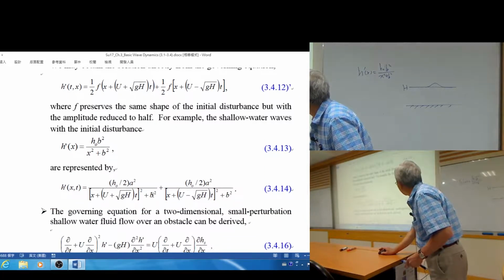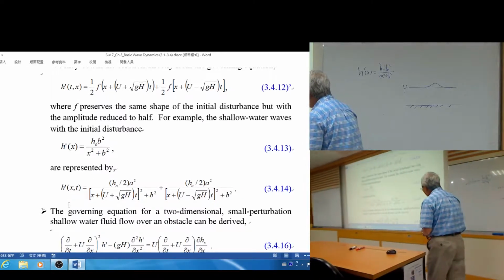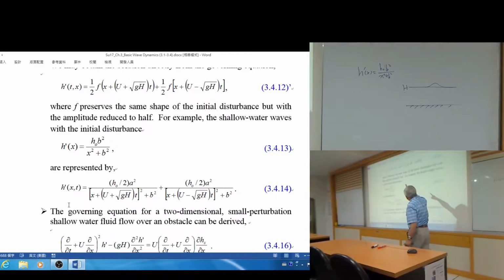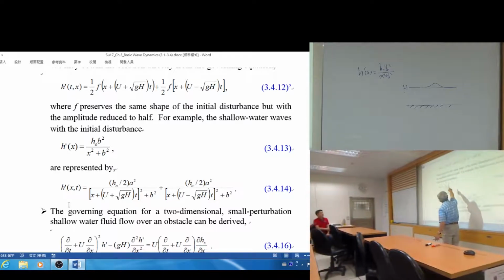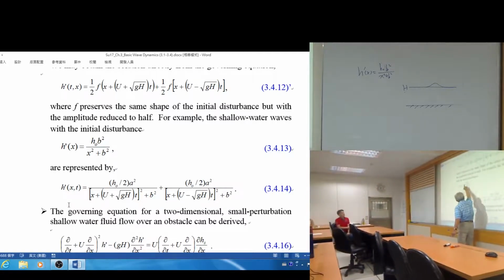So you have this, then the solution will be f of this. F now is this function, so then it will become h naught divided by 2 h squared. Let me see.